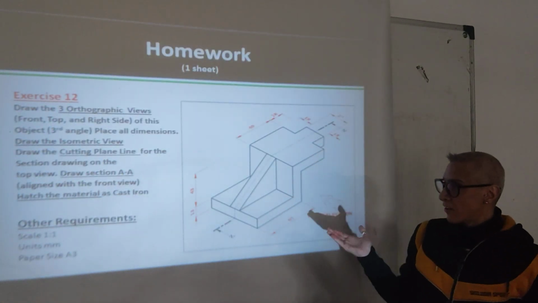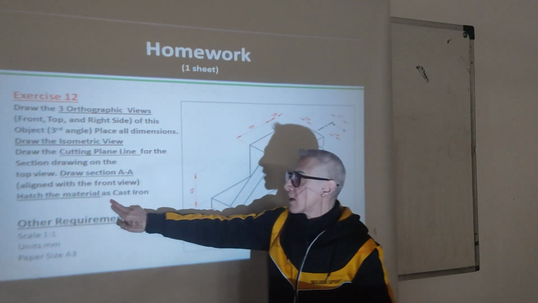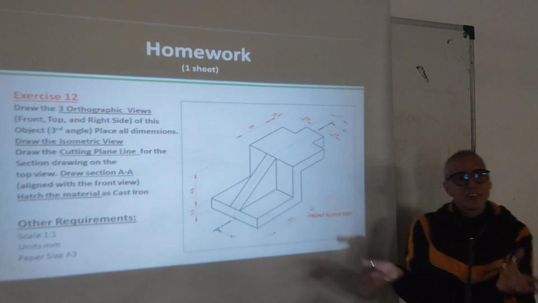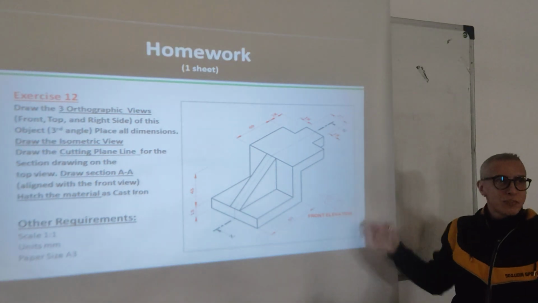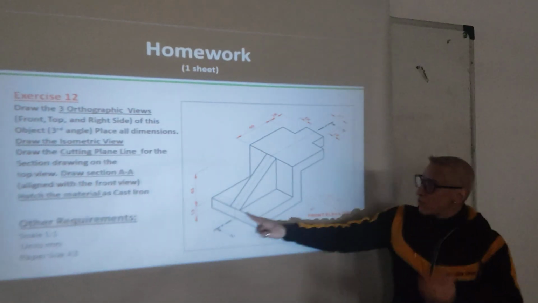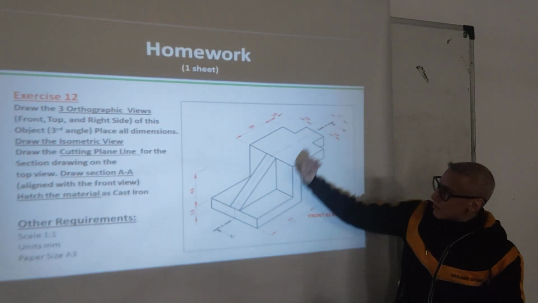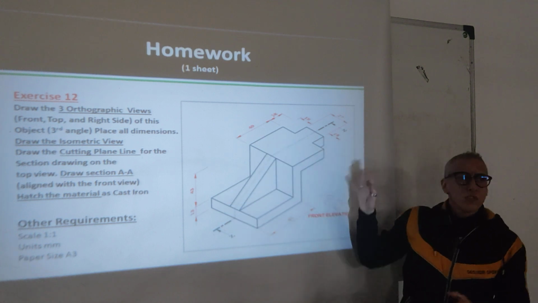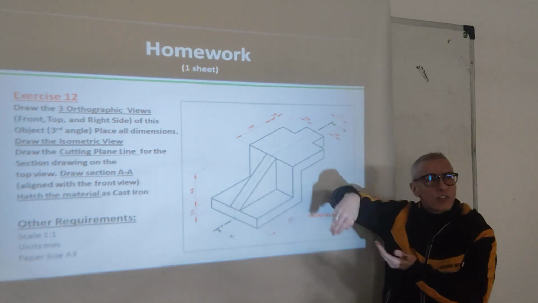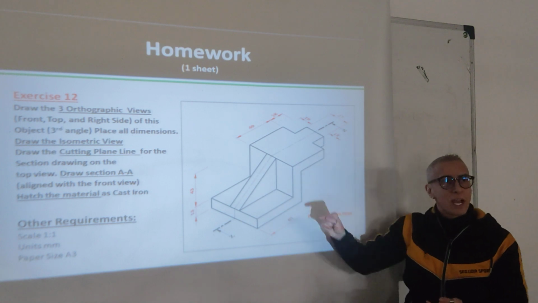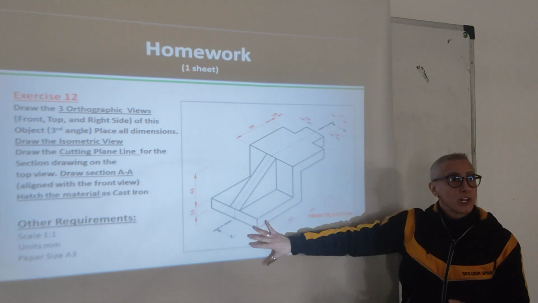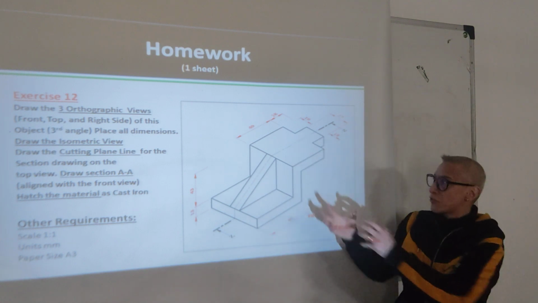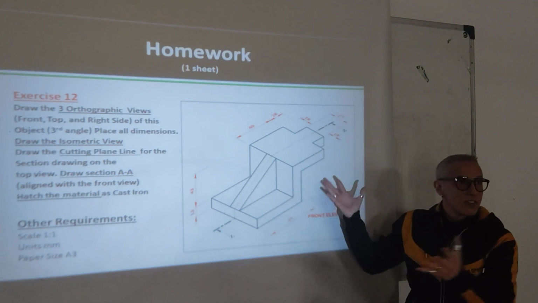Okay. Then, hatch the material as cast iron or the general one with the lines at 45 degrees. So when we cut this here in the middle, all of this. There are no difficult objects, no openings inside. Everything will be hatched because this is all solid material, okay? Made of iron, for example, or wood, imagine, okay?